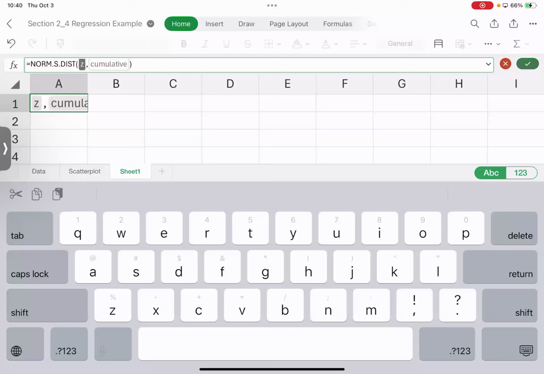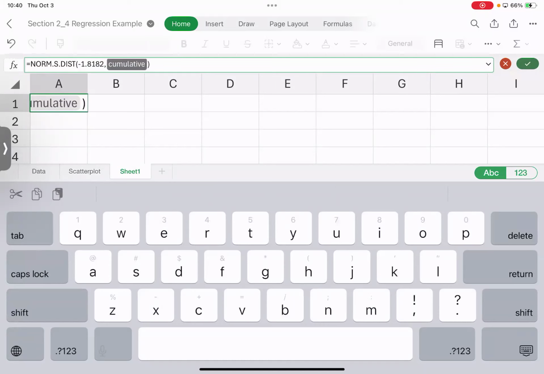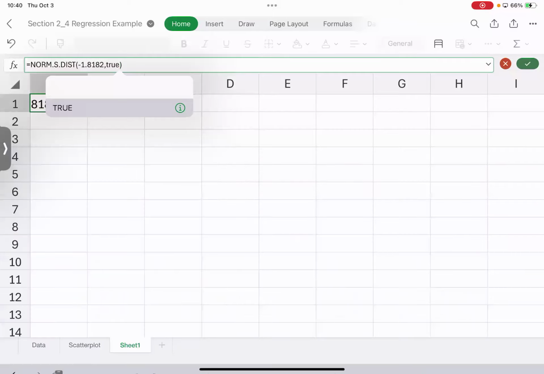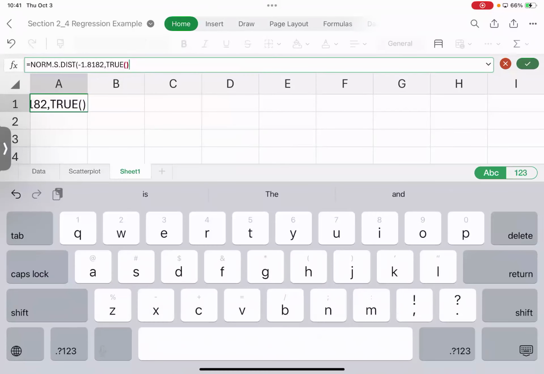Z was, I can do the negative 1.8182. And then cumulative is true because I want the area up to and including that point, not just at that point, which would be 0. So then true. And then it did something weird with the brackets.